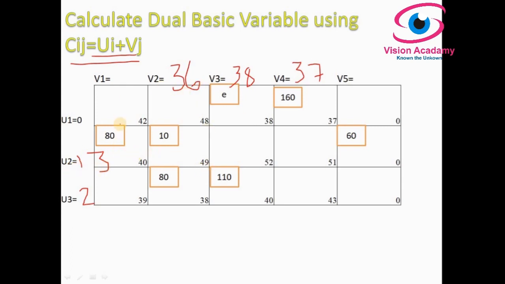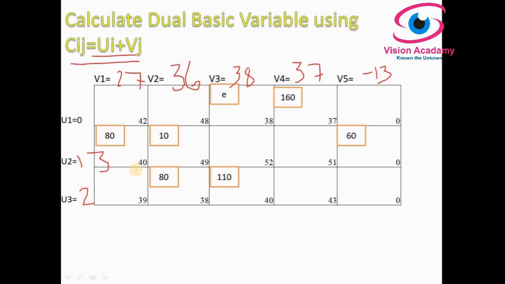And now you can calculate the v1 value. Here it is 13, here it is 14, it means 27. So you have the u2 value. Now you can also find the v5 value. Minus 13 is there and Cij is 0, so it must be minus 13. Okay, we found all the values: u1, u2, u3 and v1 through v5.